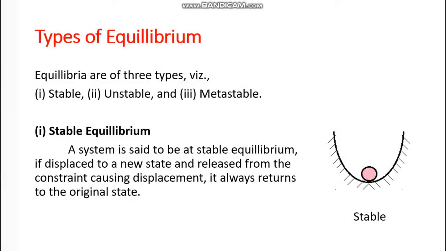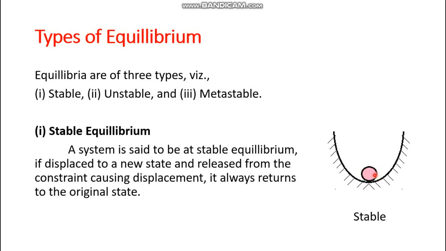Now, classification of equilibrium. Equilibria are of three types: stable equilibrium, unstable equilibrium, and metastable equilibrium. Firstly, let's discuss stable equilibrium. You can compare stable equilibrium with this picture. Suppose this is a hole and the ball is at the bottom of the hole, where it is at a stable equilibrium.